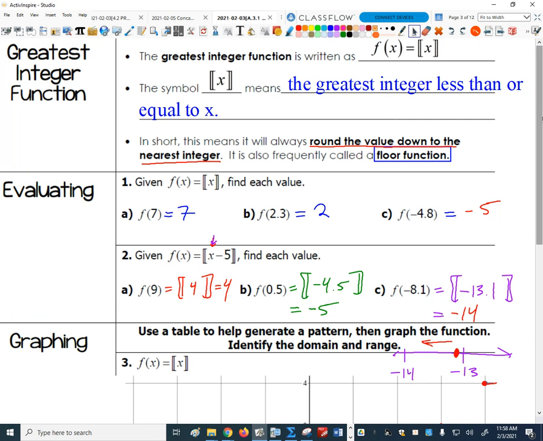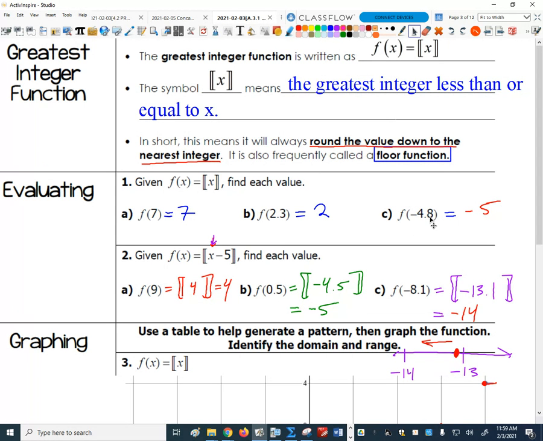When we input a value of x, the output that the floor function calculates is the greatest integer less than or equal to the input x, whatever value we input. So if I input a 7, the greatest integer less than or equal to 7 is 7. If I input a 2.3, the greatest integer less than or equal to 2.3 is 2.